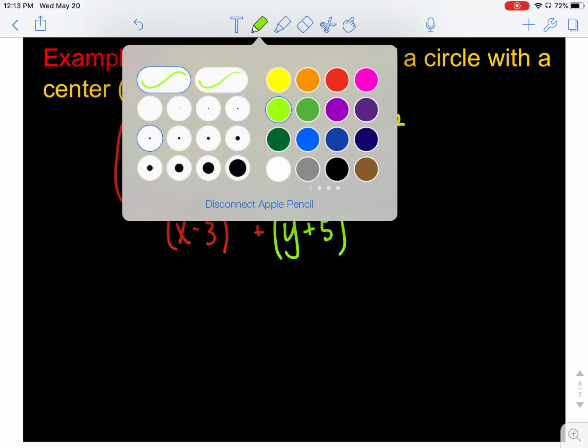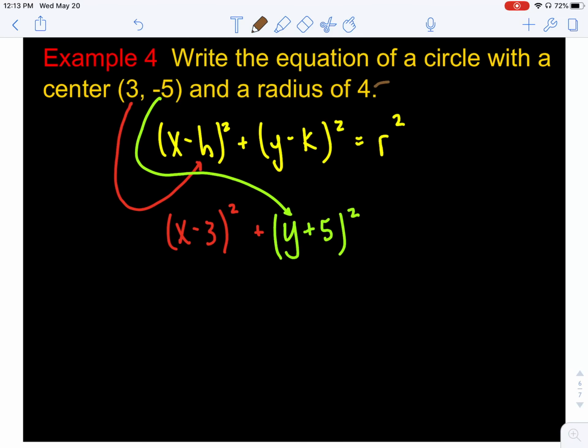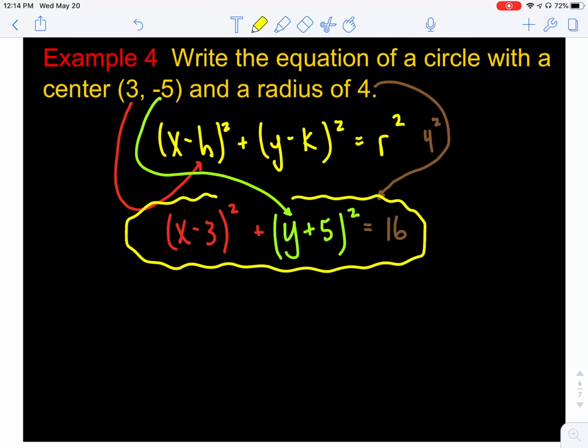And the radius was 4, so the 4 squared in this case is going to be equal to 16. So it's opposite of what is in the actual ordered pair point. If it's +3 in the ordered pair, it's -3 in the equation. If it's -5 in the ordered pair, it's +5 in the equation.